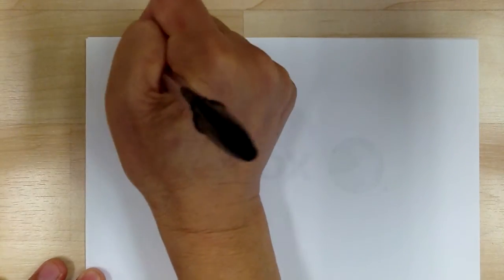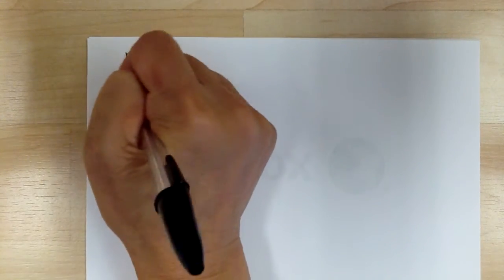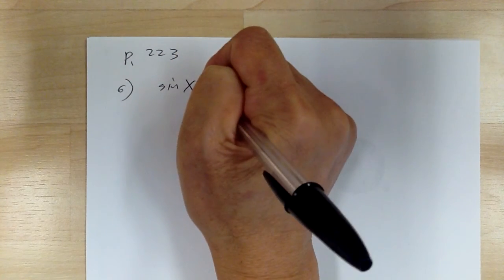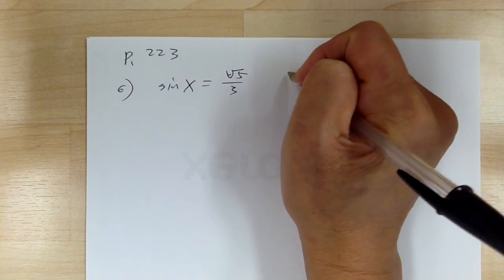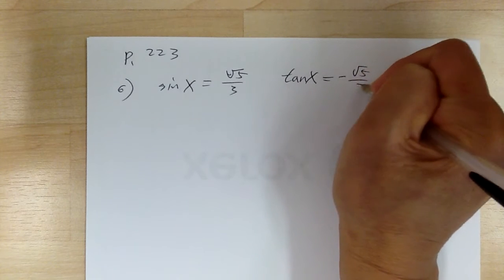So I'm going to go to the homework and go over some of the problems. So some of this you kind of already know. You did a lot of this already. Okay, so let's go to page 223 and let's start with number 6. So you have sine of x is equal to square root of 5 over 3, and you have tangent of x equal to negative square root of 5 over 2.